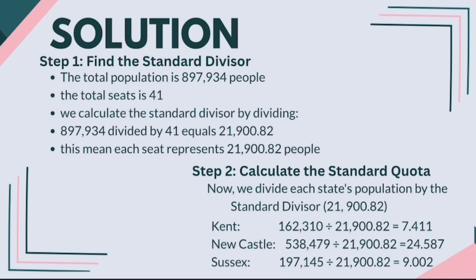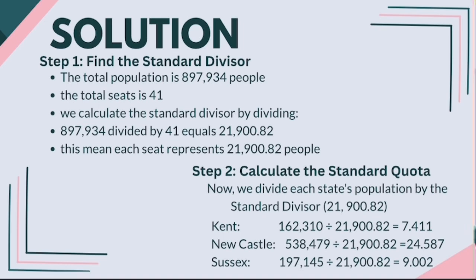Step 1. Find the standard divisor. The total population is 897,934 people. The total seats is 41.